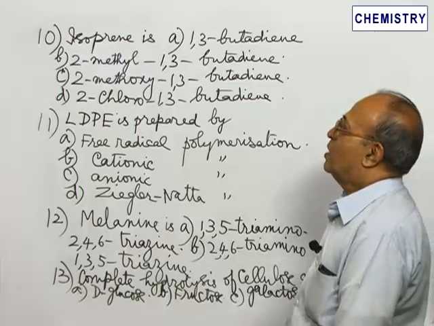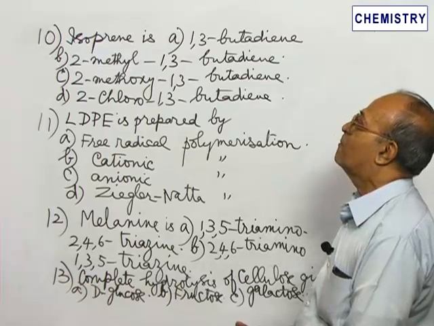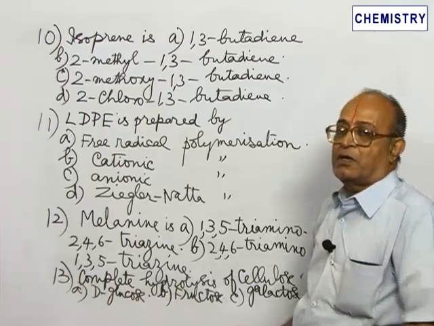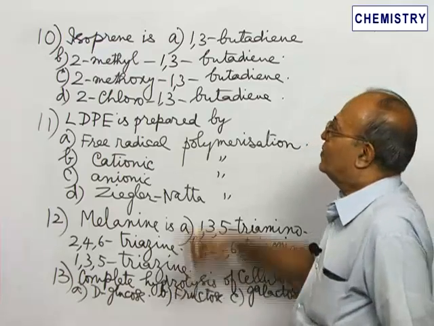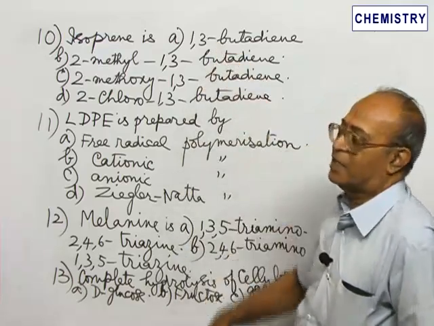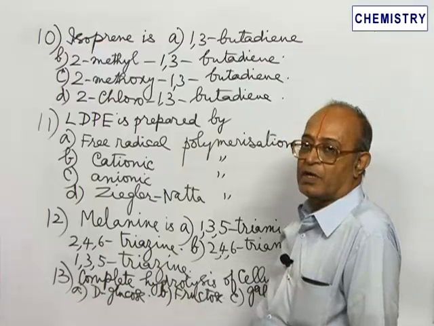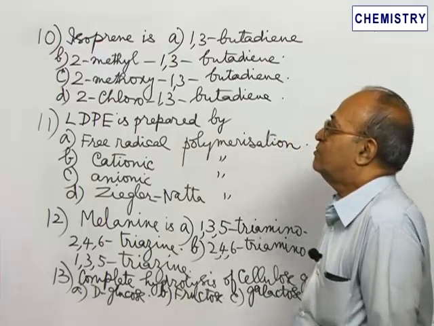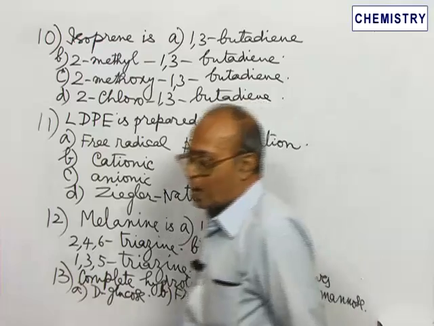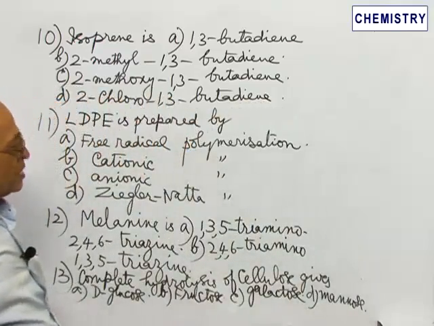So, of the four options A, B, C and D, it is not a simple 1,3-butadiene. If it is a simple butadiene, the name isoprene need not be given for it. So, it should be a substituted butadiene, but what is the substituent? That is the main point.